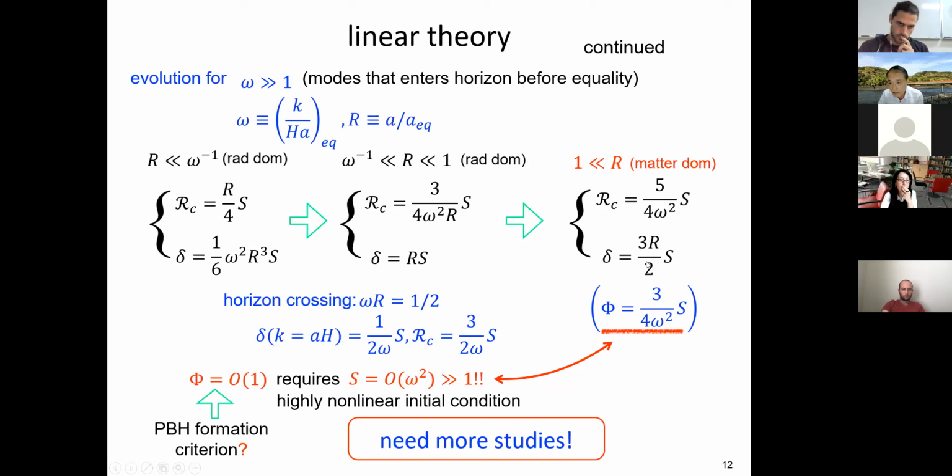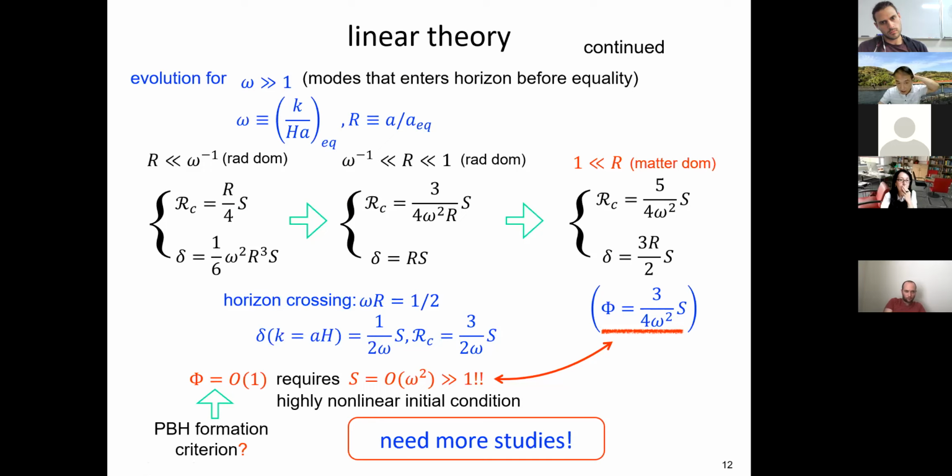The point is that because the scale is so small, the curvature perturbation or the gravitational potential perturbation is suppressed by this 1/omega squared. So if you assume that a primordial black hole should be formed by this curvature perturbation becoming order 1, then this requires S to be much greater than 1. This is a highly nonlinear initial condition.